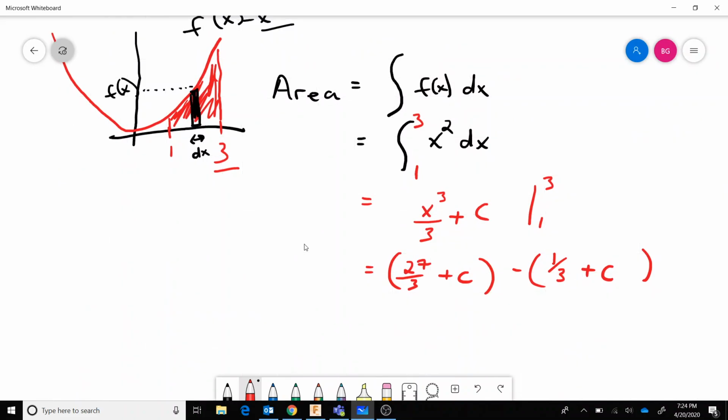So 27 divided by 3 is 9. The c's disappear again, and 9 minus 1/3 would leave me with 8 and 2/3, which would be the correct area under here.